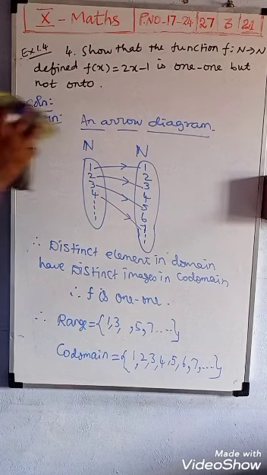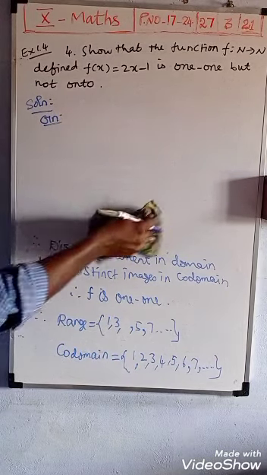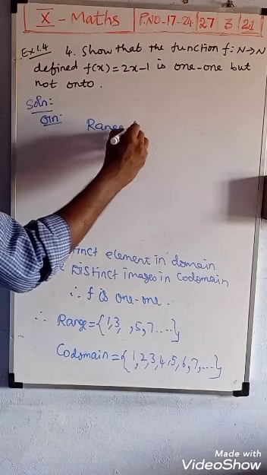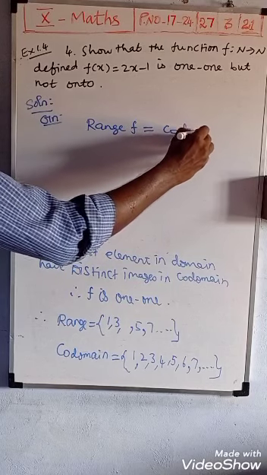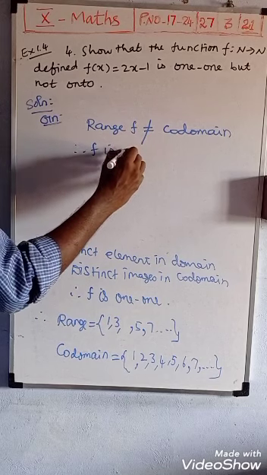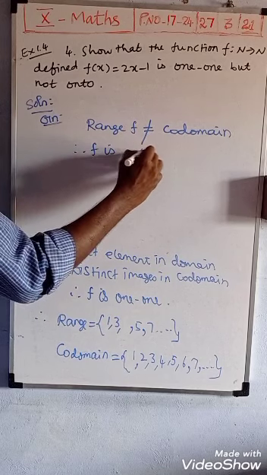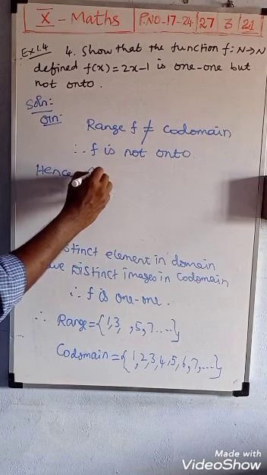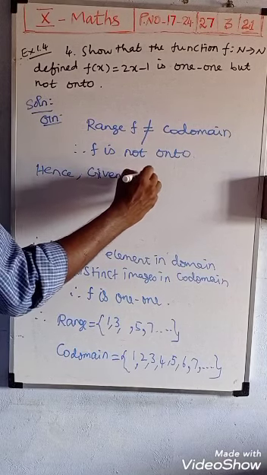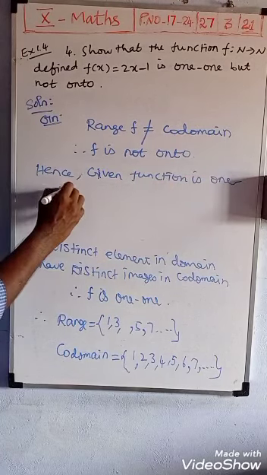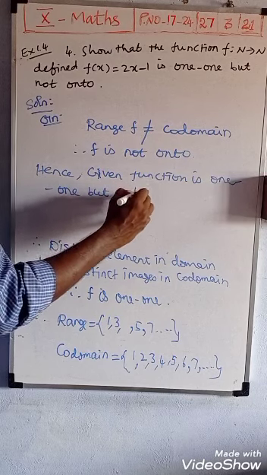The range of f is not equal to the codomain. If the range of f equals the codomain, it is onto, but here they are not equal, therefore f is not onto. Hence the given function is 1-1 but not onto.